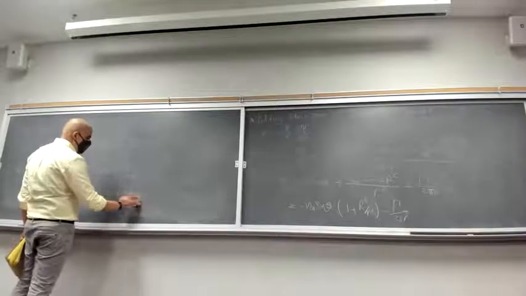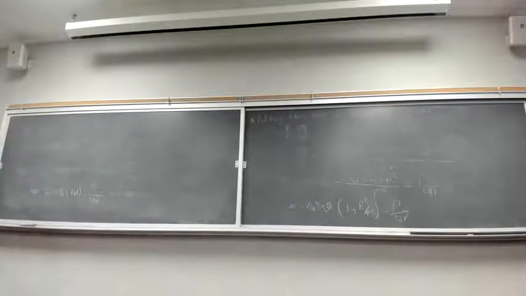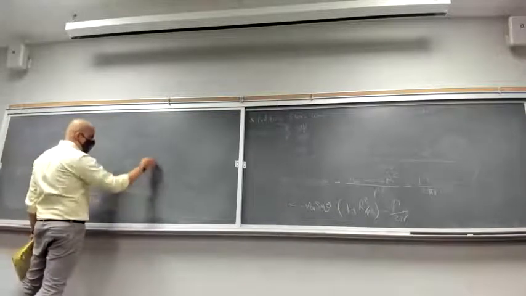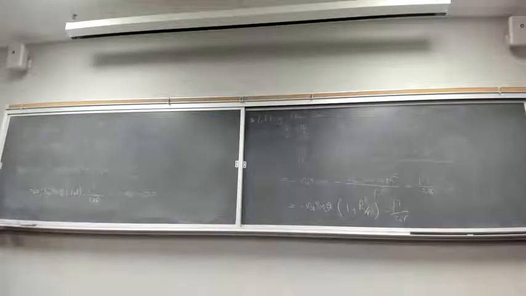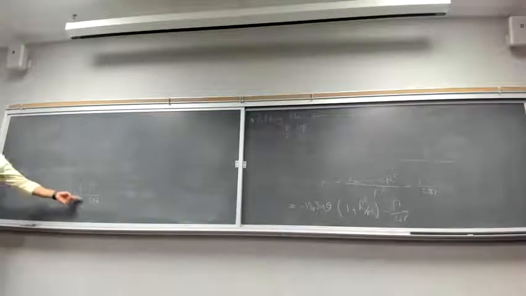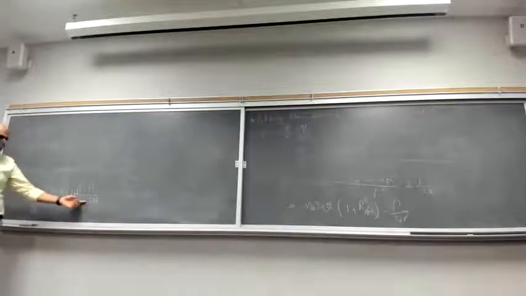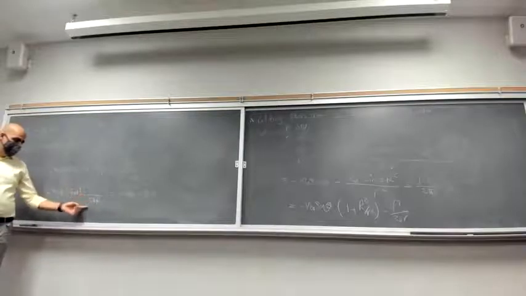Which essentially means that for r equals R, we have v infinity sine of theta multiplied by 2, minus gamma over 2 pi R. The first thing you do is move this part to the other side.